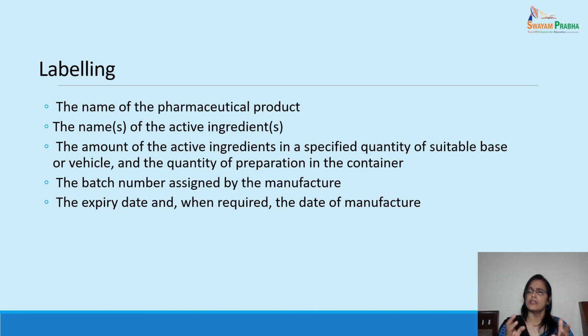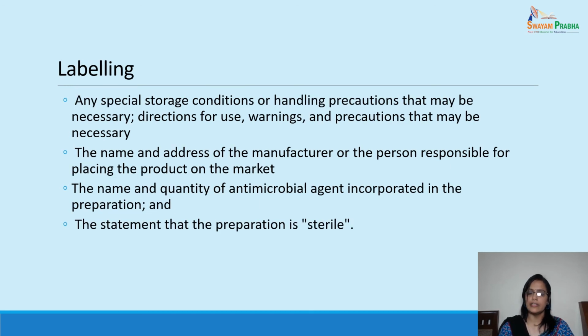All these things you know already, that is what a label should contain for semi-solid dosage forms. Other labeling requirements are the storage condition, the name and address of the manufacturer, and the name and quantity of the antimicrobial agent which is used. You also have to mention on the label that the preparation is a sterile preparation.